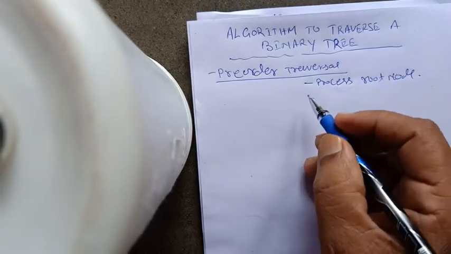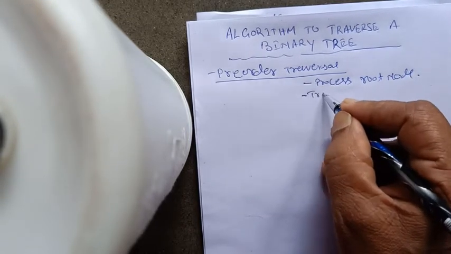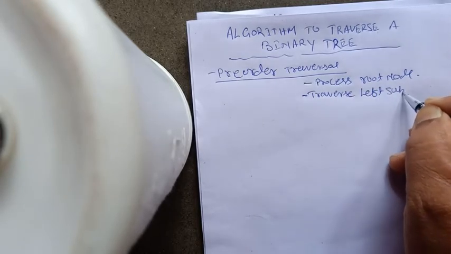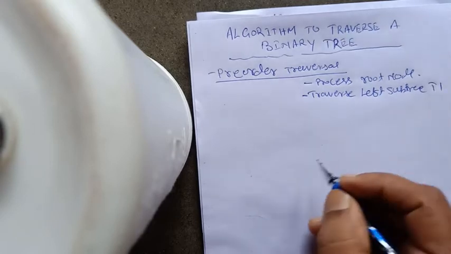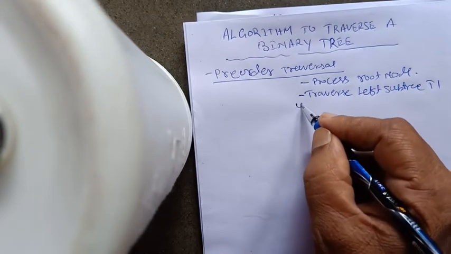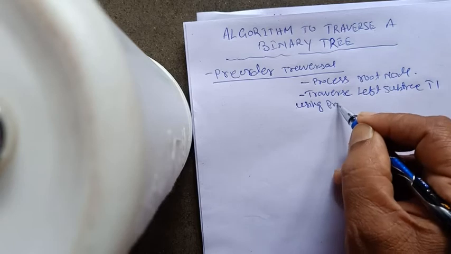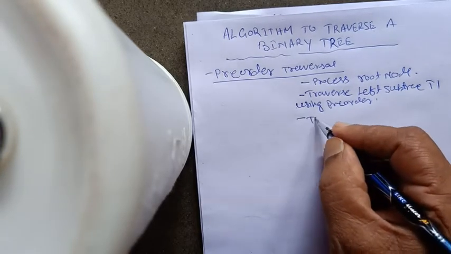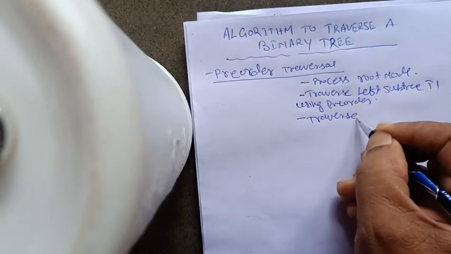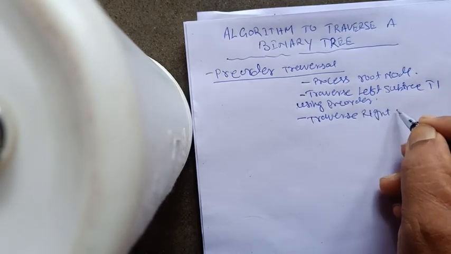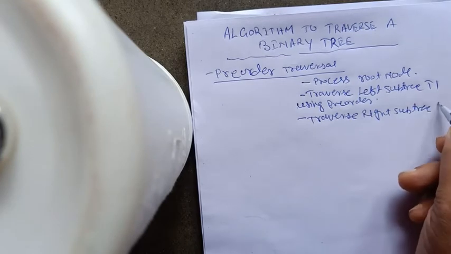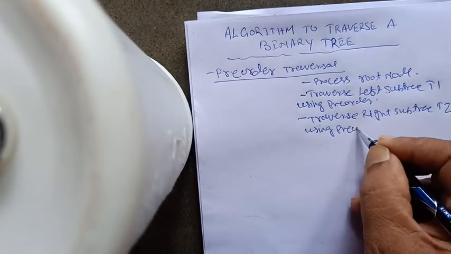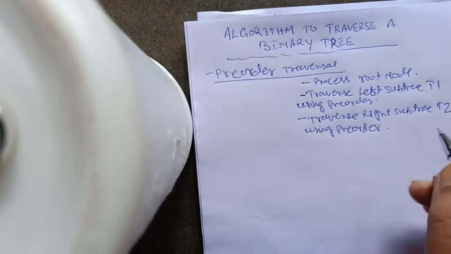Then in step 2 we will traverse the left subtree T1 using pre-order, and the third step is to traverse the right subtree T2 using pre-order. So these are the steps, and I explained these steps in my last video.